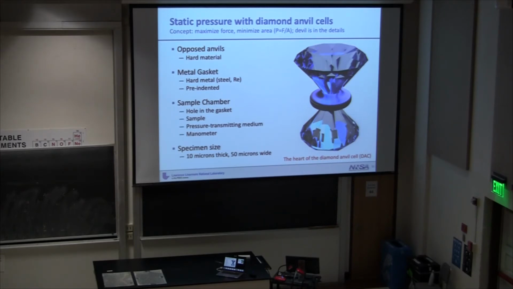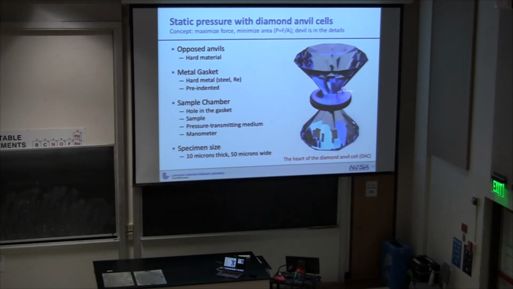The gasket's actually a fairly thin piece of metal. It's usually maybe 200 to 400 microns thick. And in this dimension, it needs to be something like probably half a millimeter in that dimension. The reason it's that size is not because there's anything special about this material. It's serving the exact same purpose as the belt on a clamp cell.